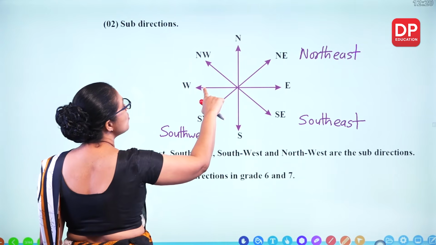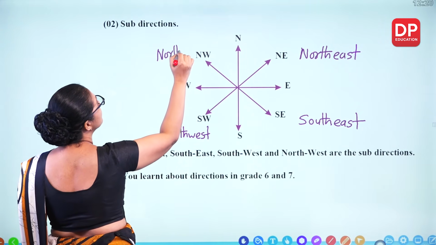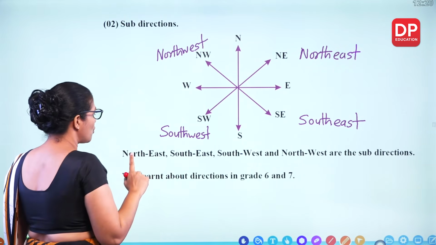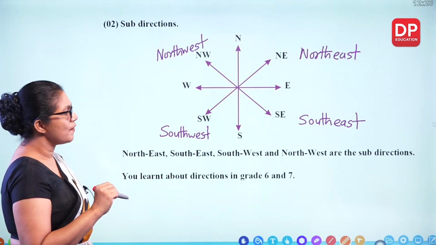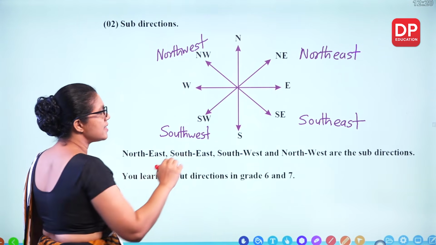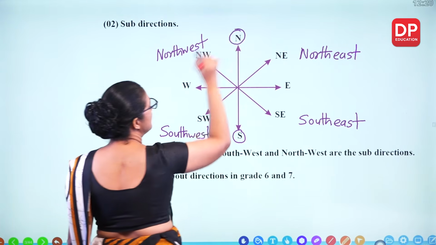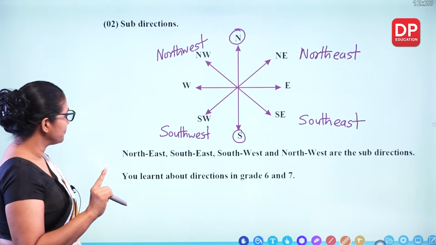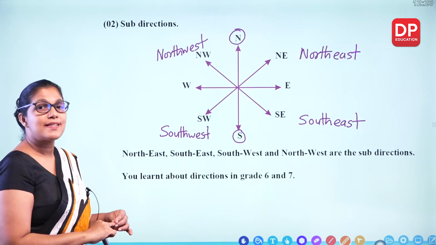And in between west and north, we say northwest. So northeast, southeast, southwest and northwest. So when you are writing the sub-directions, always we take south and north to identify the direction. So you have learned this in grade 6 and 7.